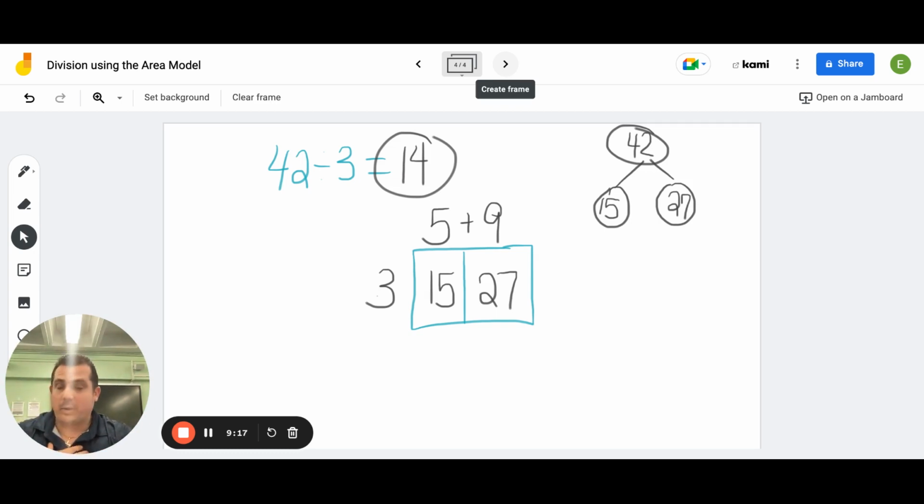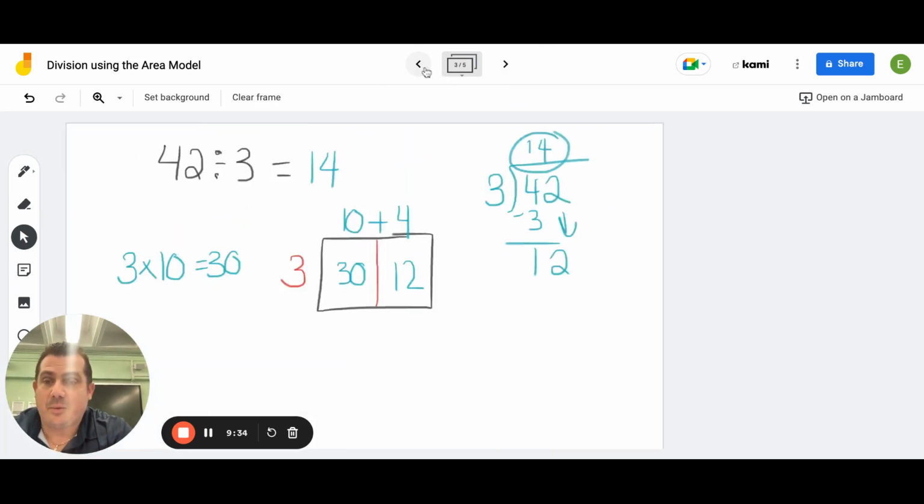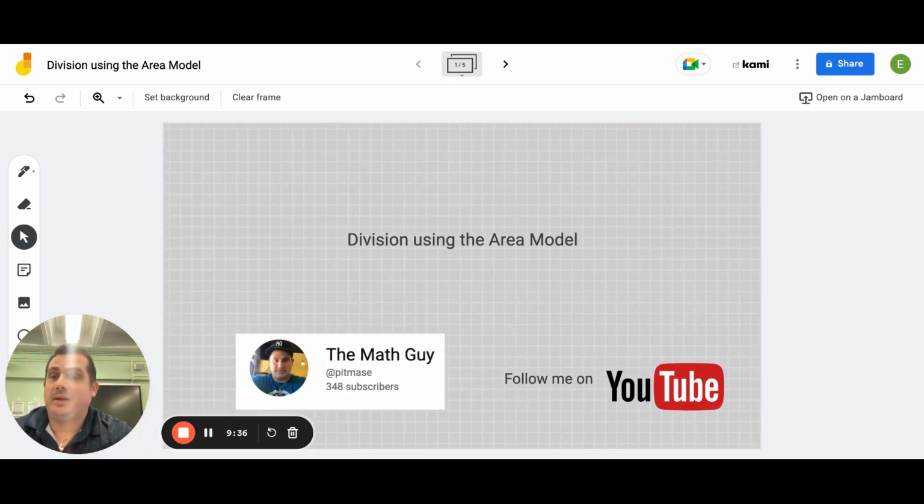And I like to always take my divisor and multiply it by 10. If I could pull out whatever 10 times my divisor is, I guarantee you it's going to make for a much easier, friendlier number for you to divide by. All right? So that was just a quick video, just under 10 minutes, on division using the area model.